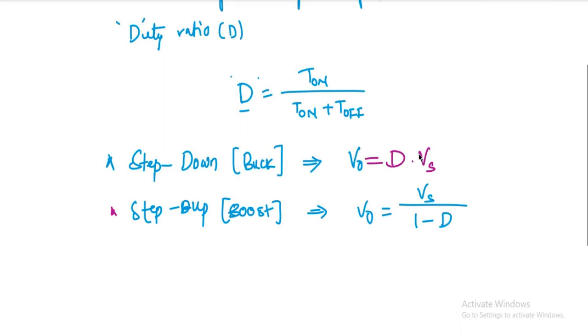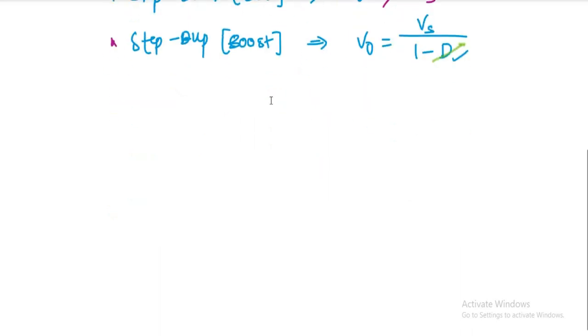Because the supply voltage will be constant, if we somehow change the value of this D, we can change the average output voltage of the converter. To change this value of duty ratio, we have basically two methods.